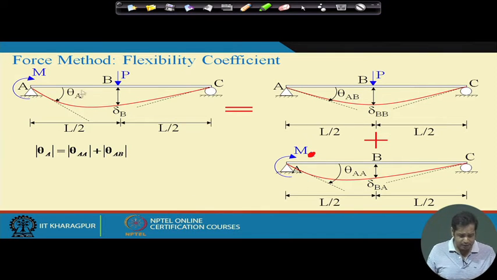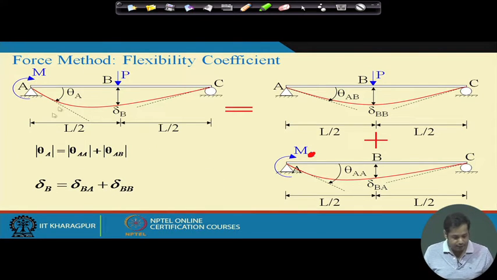So what will be theta A? Theta A will be theta AB plus theta AA. Okay. And in this case, the absolute value is written here, but as far as sign convention, this theta is positive. So whether you write absolute value or not, it doesn't matter as long as you are concentrating on this rotation. Similarly, delta B will be delta BB plus delta BA.